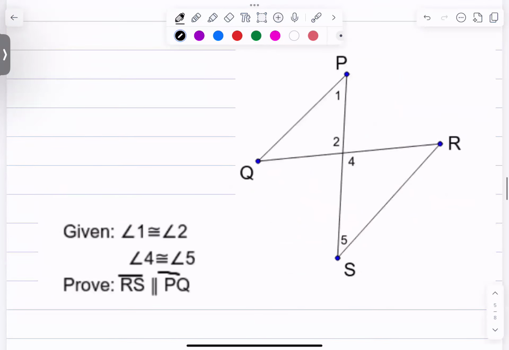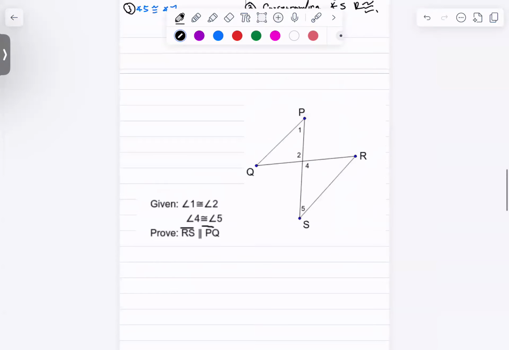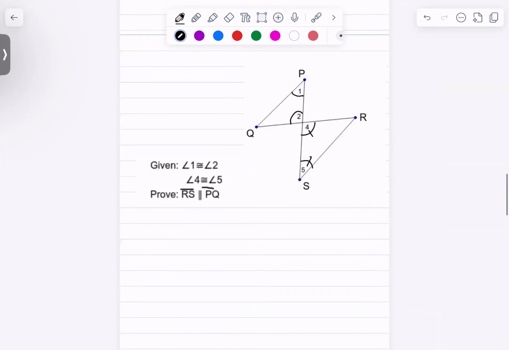My next proof is here. So we have this as our proof. Angle 1 and angle 2 are congruent. Angle 4 is congruent to angle 5. We've got to prove that PQ is parallel to RS, right?